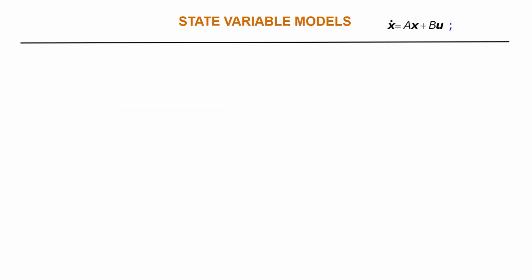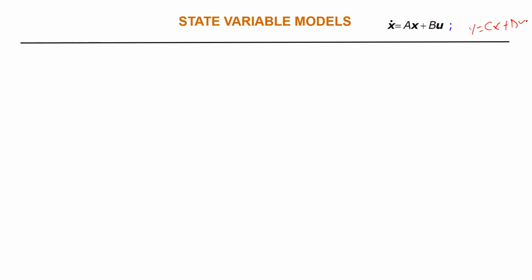And as I said, the representation of this system is going to be x dot equal to ax plus bu. This is the differential equation part. And then I will also have the output, which is y equals cx plus du.